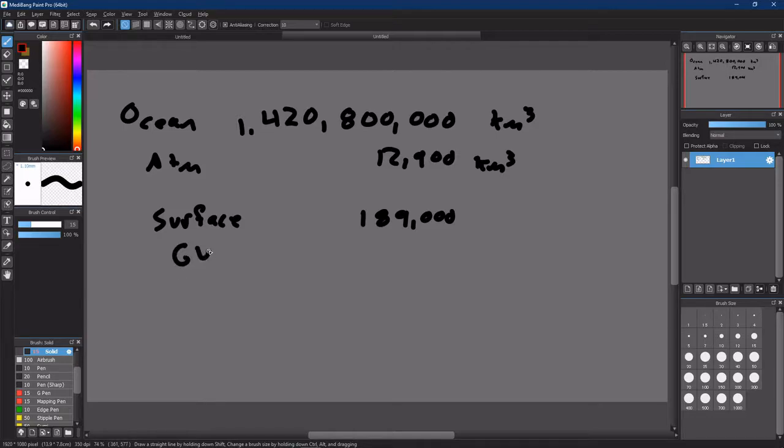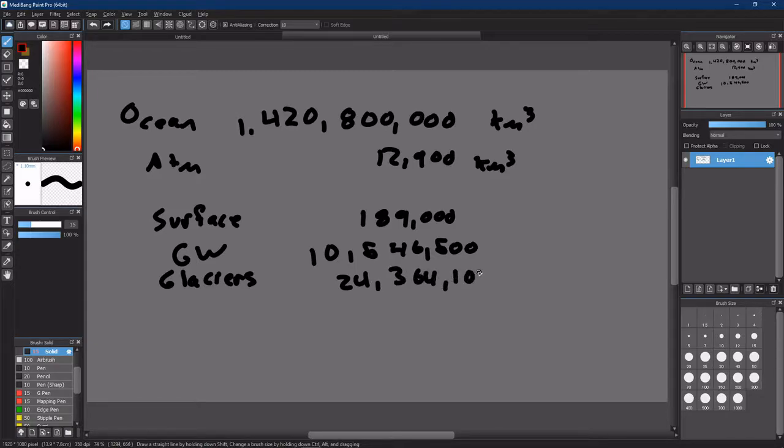Then groundwater at 10,546,500 cubic kilometers. And then our last reservoir shown is glaciers, with 24,364,100 cubic kilometers.